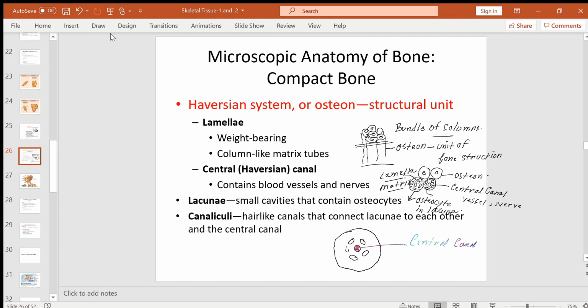So lacunae are nicely organized inside the osteon, like circles around the central canal. And this is a lacuna, and inside the lacuna you have the mature bone cell, the osteocyte. So this is the osteocyte inside the lacuna.